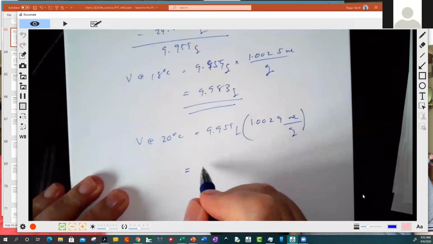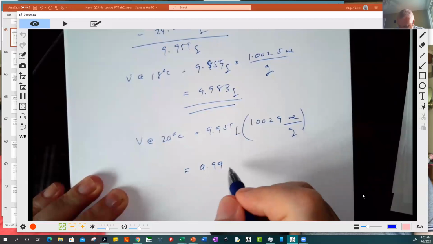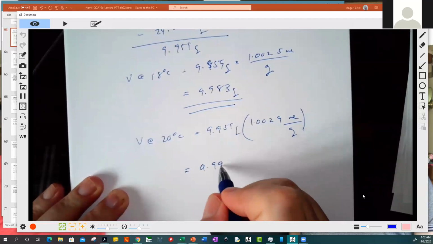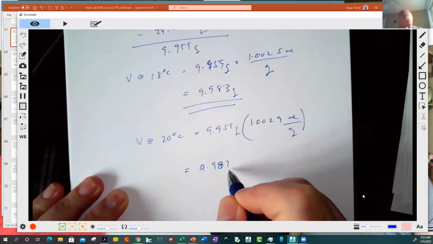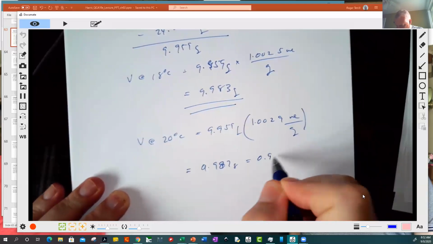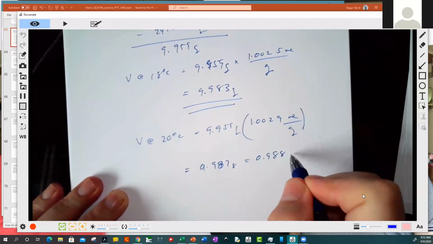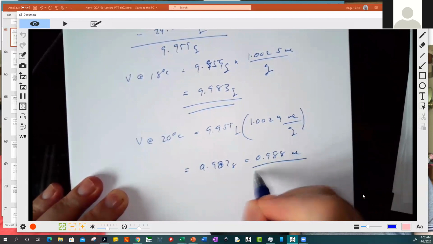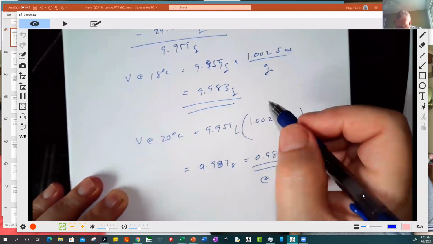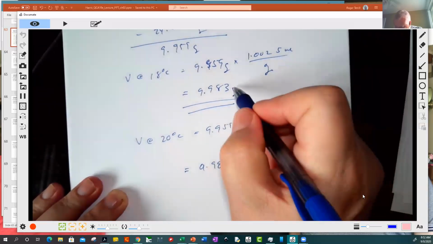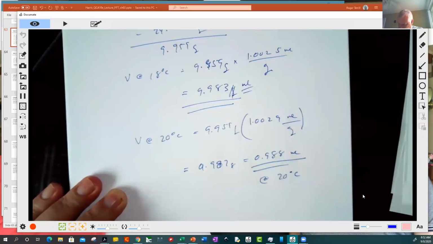And that will equal 9.987, maybe 988 mLs. This is volume at 18 degrees here. This is mLs.